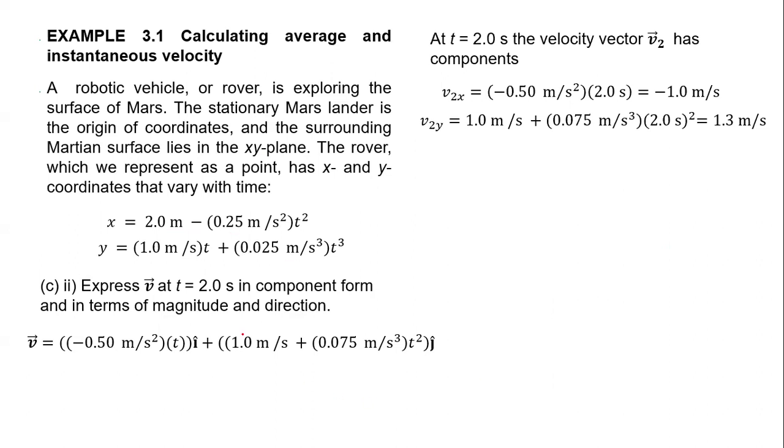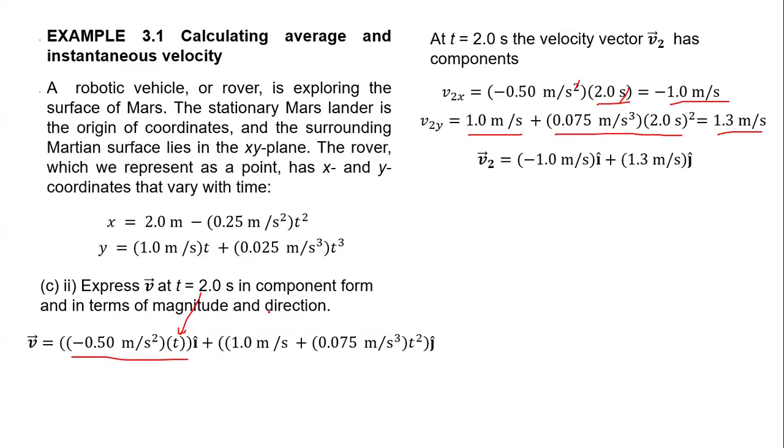For the v2x, all you have to do is put 2 seconds here. So negative 0.50 meters per second squared times 2 seconds, so we cancel this, and you have negative 1.0 meters per second. Here, 1.0 meters per second plus this, the second squared will be cancelled, and we have 1.3 meters per second. You can verify that using your calculator.